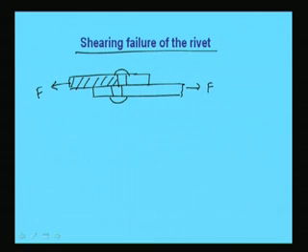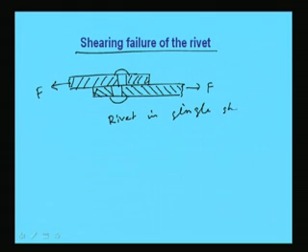So, the failure will happen like this. So, this will be basically a rivet in single shear, lap joint. This is lap joint. Therefore, we will calculate the shearing strength of the lap joint accordingly.